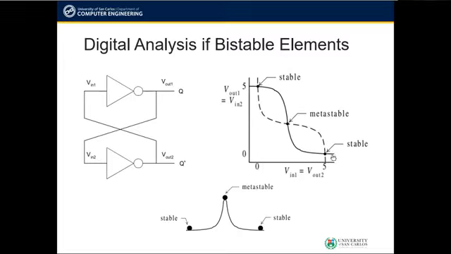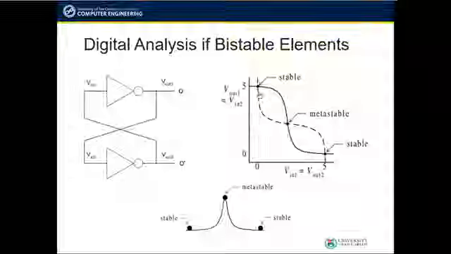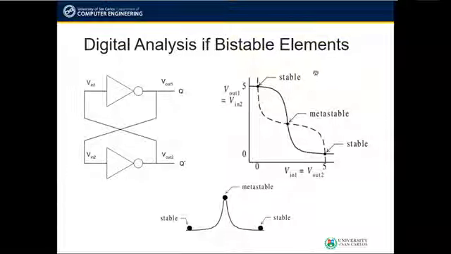When Vout2 or Vin1 decreases and approaches 0 volts or logic 0, as shown by these graphs, it can be seen that the state passes through a metastable state, and that Vin2 or Vout1 approaches 5 volts or logic 1, which is also another stable state of the circuit, and the circuit is again capable of holding this state indefinitely.